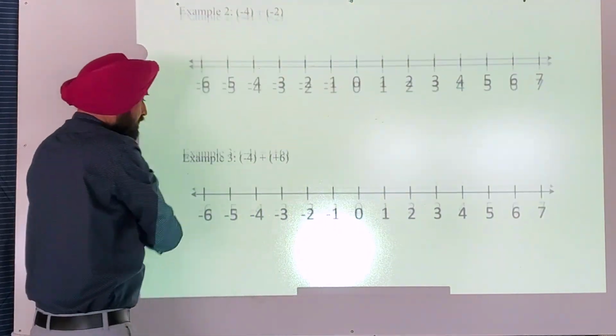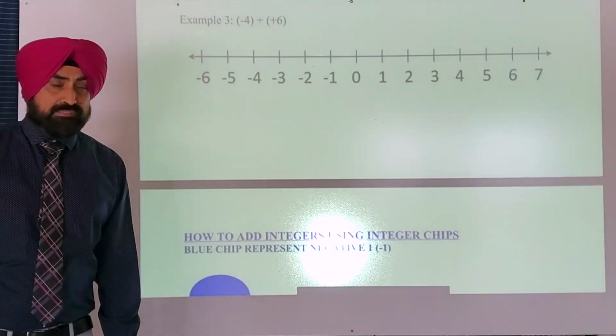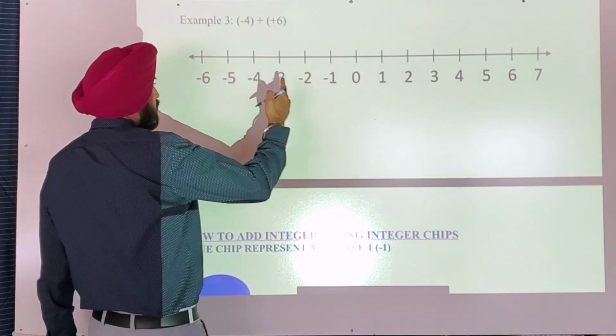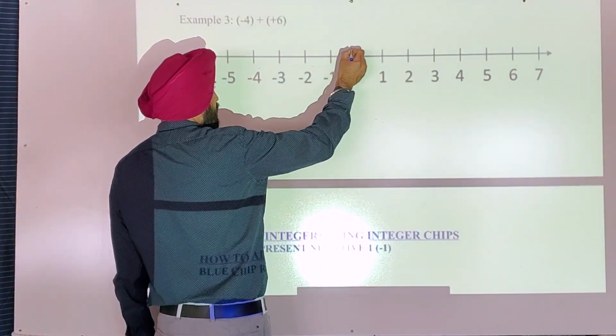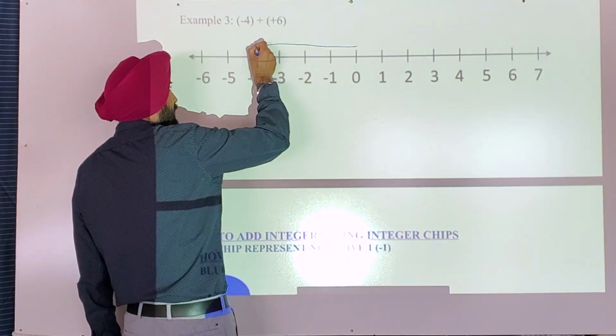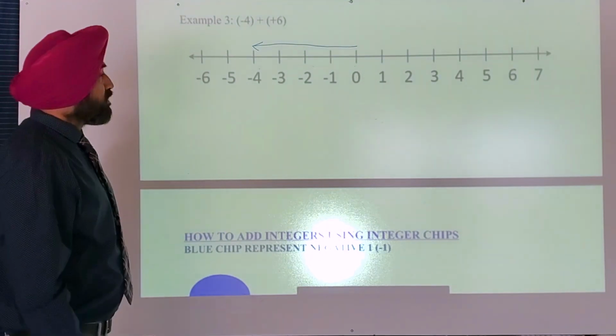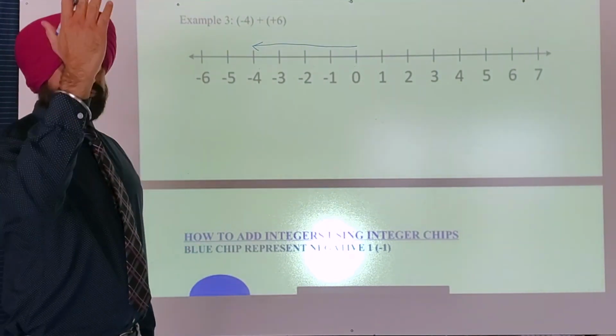Let's go to the next example. Negative 4 and positive 6. Negative 4 means it will go 4 units to the left beginning from the origin 0. 1, 2, 3, 4. Negative 4. And then we are adding positive 6. Because it's a positive 6, it will go 6 units to the right.